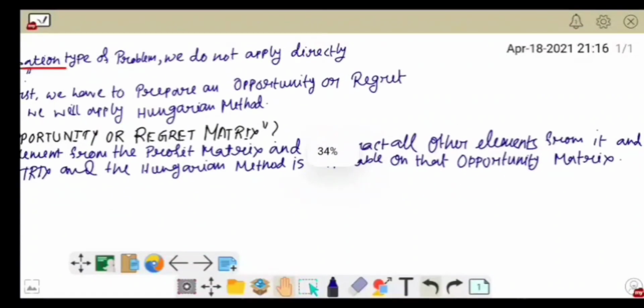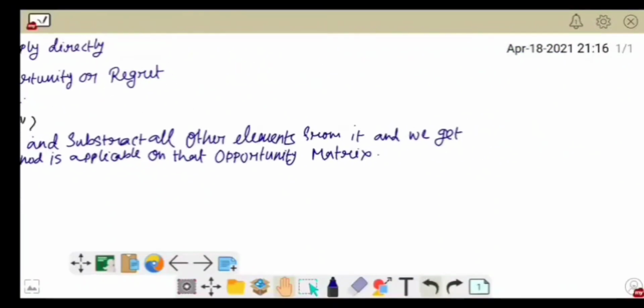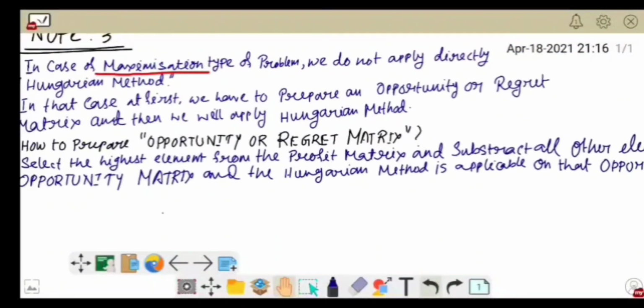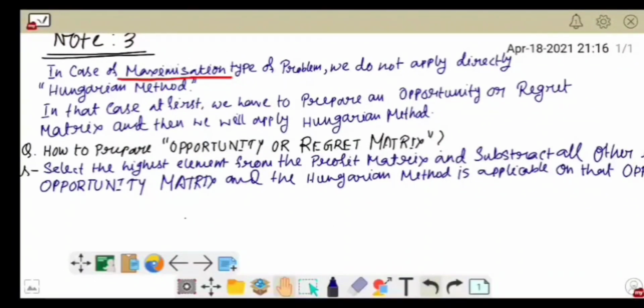So guys, you can see what I have said now, I am just trying to read it out through the written line, but I will not describe the meaning of the lines now. So here it is saying to select the highest element from the profit matrix, because the profit matrix means a maximization type of problem, because everyone wants to make the profit maximum.